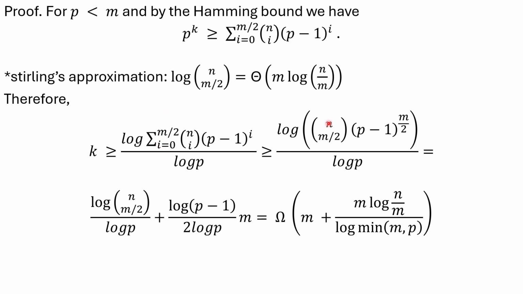On the right side, we only took one. So this step is true. This is equal to this right here because log of a multiplied by b is log a plus log b. So we use it right here, and that's exactly how we get our result, because we saw that the Stirling approximation is exactly what we changed here.